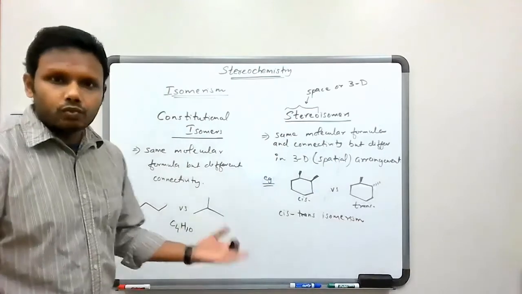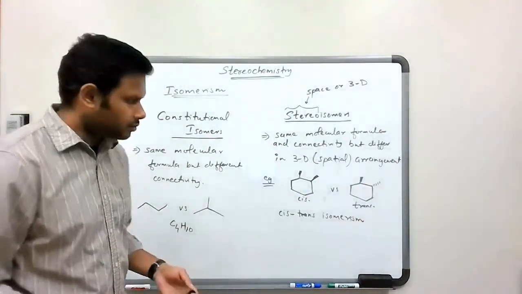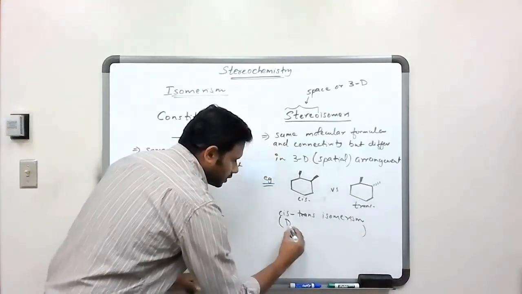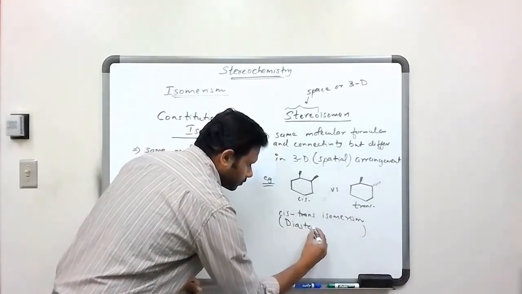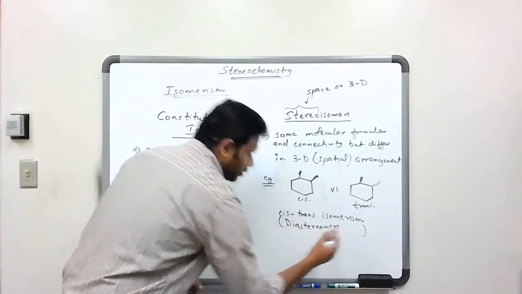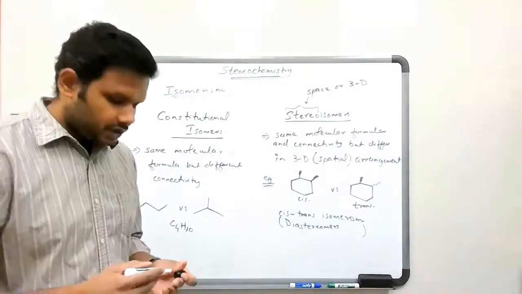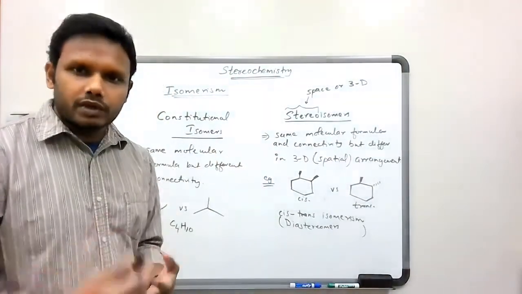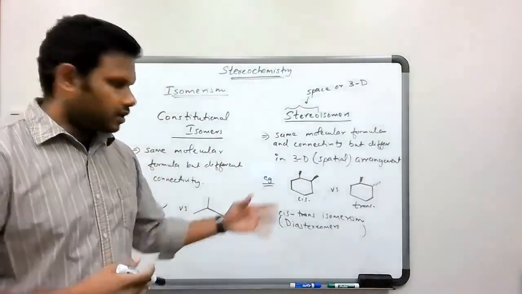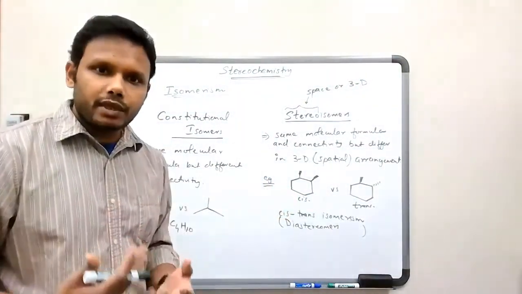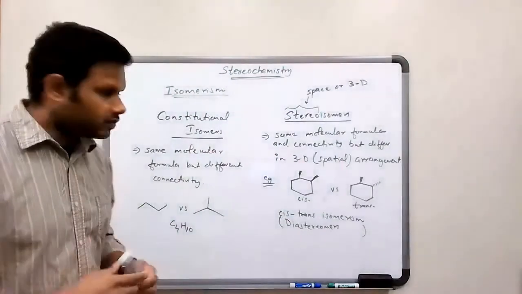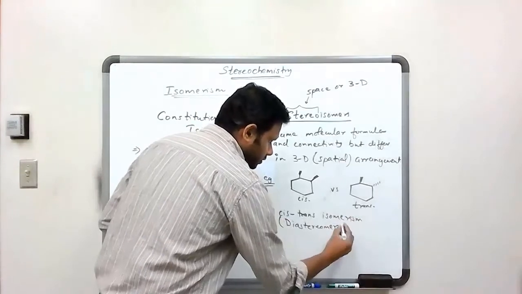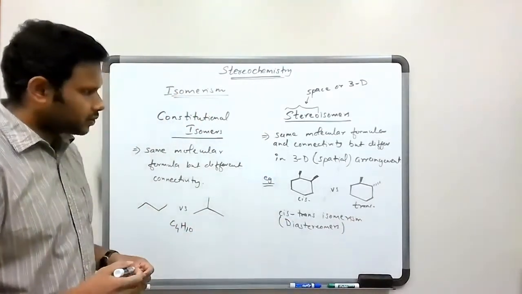What we will learn later is that this belongs to a broader category of stereoisomers called diastereomers. We'll define diastereomers later, and then we'll see that cis-trans isomerism is basically a subcategory of diastereomers.